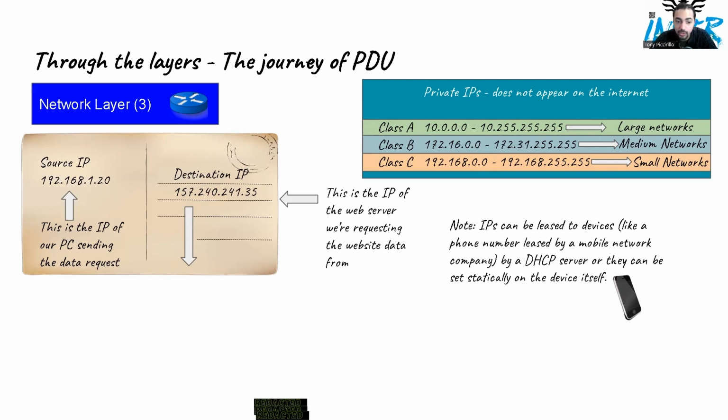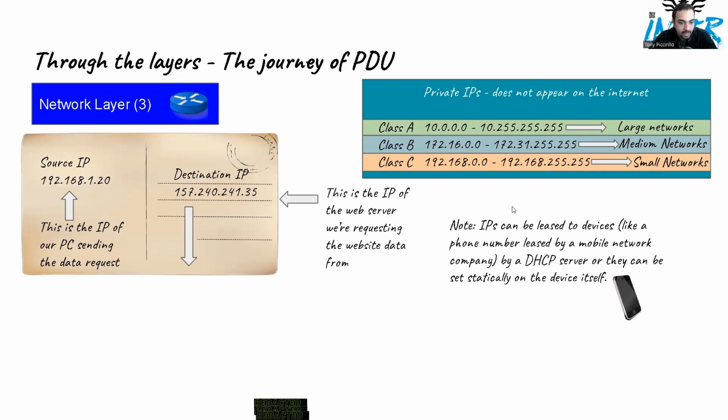Class B, which can be used for medium-sized networks, uses IPs 172.16.0.0 all the way to 172.31.255.255. And finally, we have the most common one, and it's the one you probably have in your home network, which is Class C. Class C is for small networks and uses IPs 192.168.0.0 all the way through to 192.168.255.255.